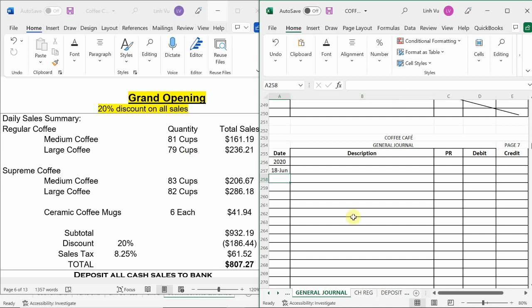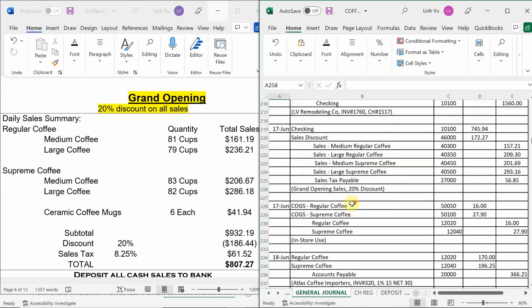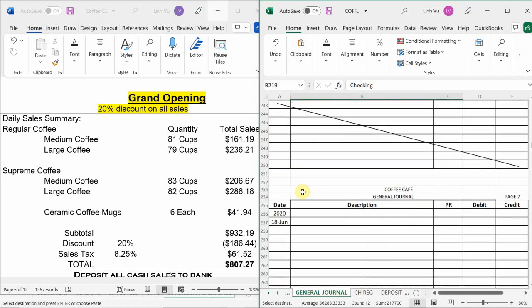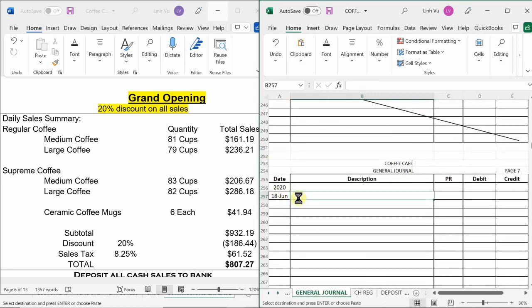Okay, what else? The sales discount. Good. Like I've mentioned before, we have technology, so we can feel free to copy and paste the transaction here.